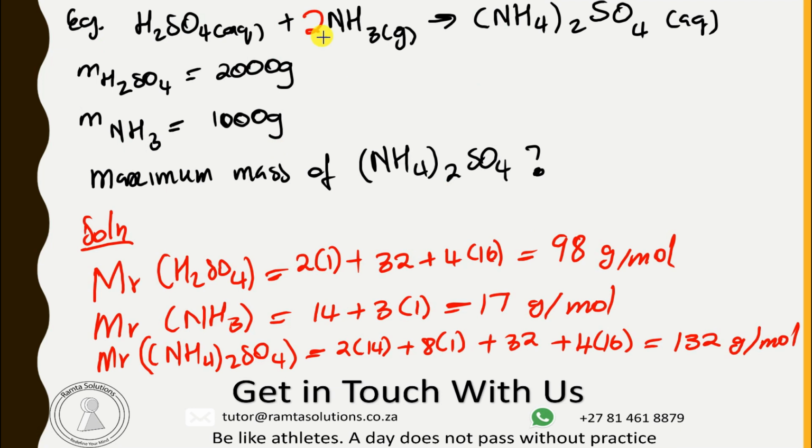Remember, guys, when you are given 2 substances or whatever number of substances, the products that you get will always be with respect to the amount of the limiting reactant.